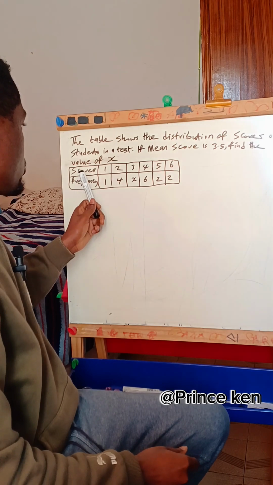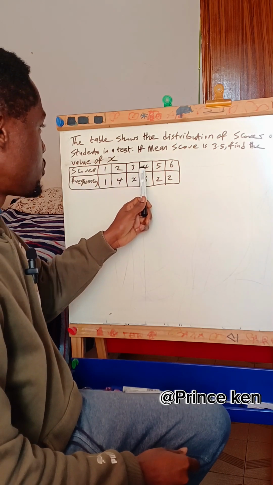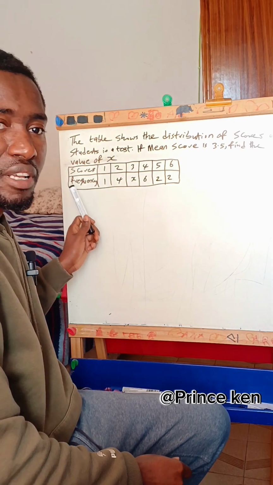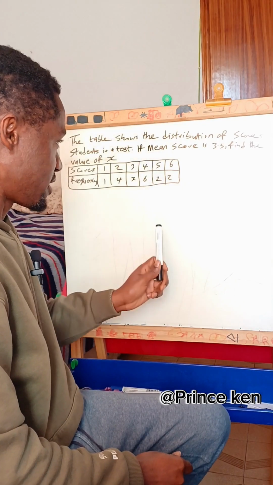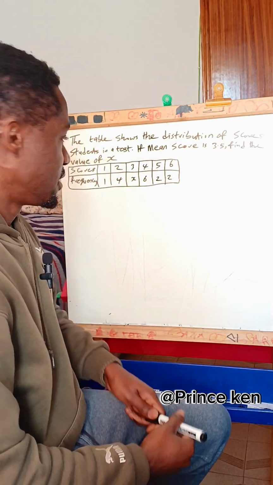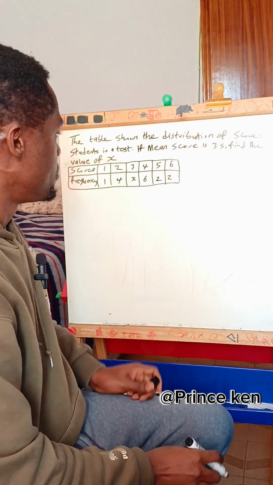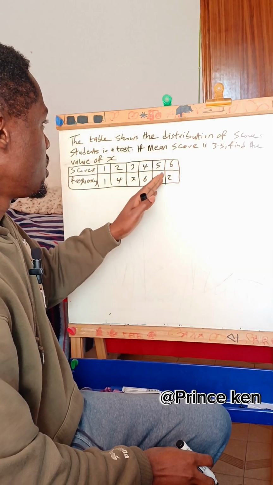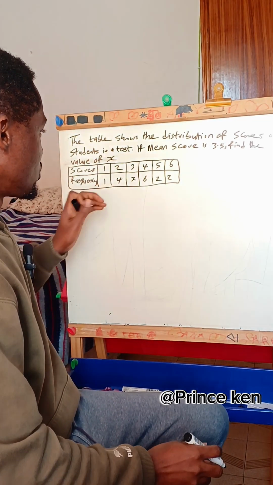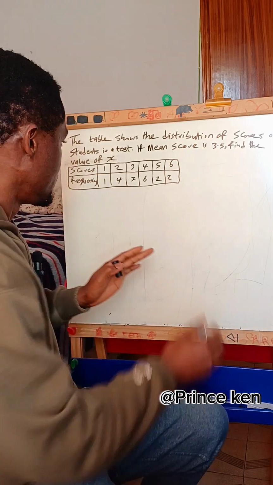Now, the score table shows 1, 2, 3, 4, 5, 6, and the frequency shows 1, 4, x, 6, 2, 2. Now, first of all, before you can solve this question, you have to understand the formula of mean.